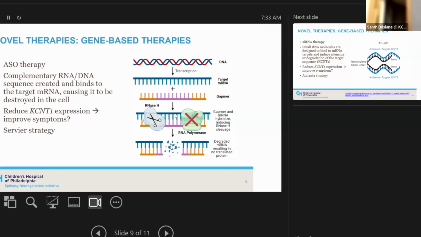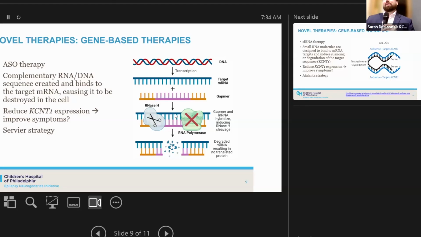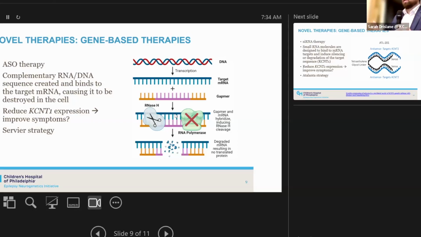Even if that channel's a little overactive, if there's less of it in the first place, then maybe the sum total of the electrical activity in those nervous system cells is more normal. Therefore you are less prone to seizures and potentially more able to meet your neurodevelopmental milestones at a more appropriate rate. This is the strategy that Servier is taking with their ASO therapy.